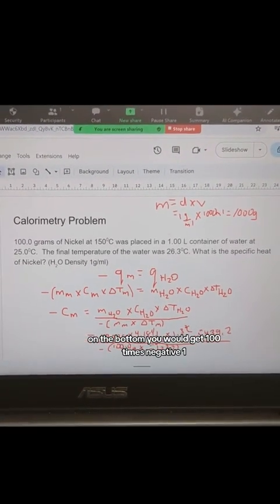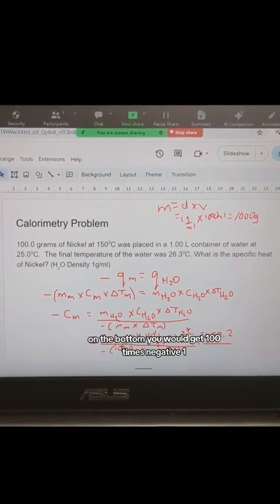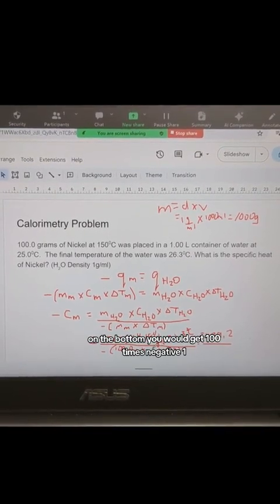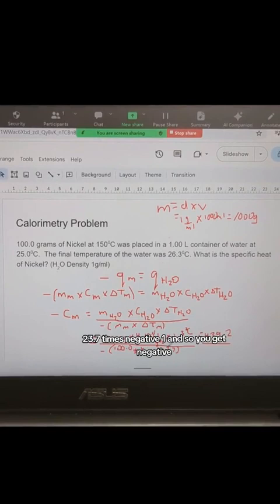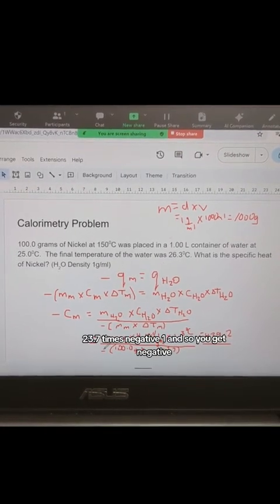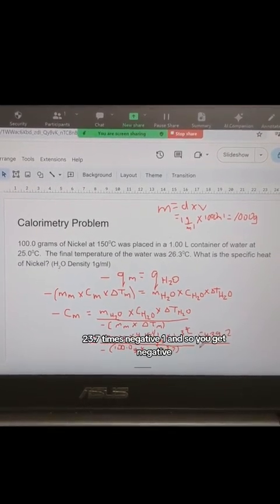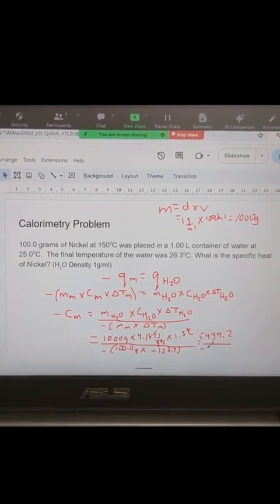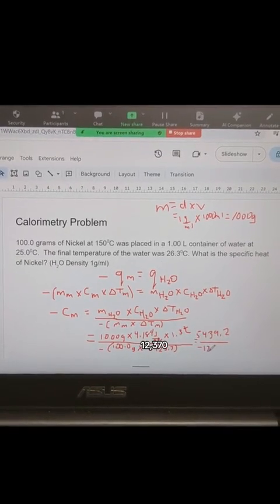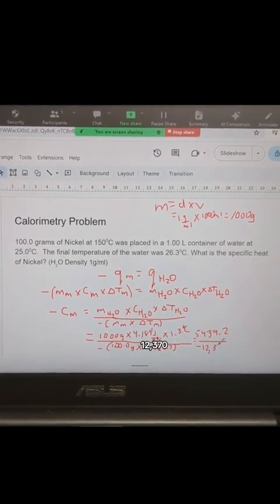On the bottom, you would get 100 times negative 123.7 times negative 1, and so you get negative 12,370.